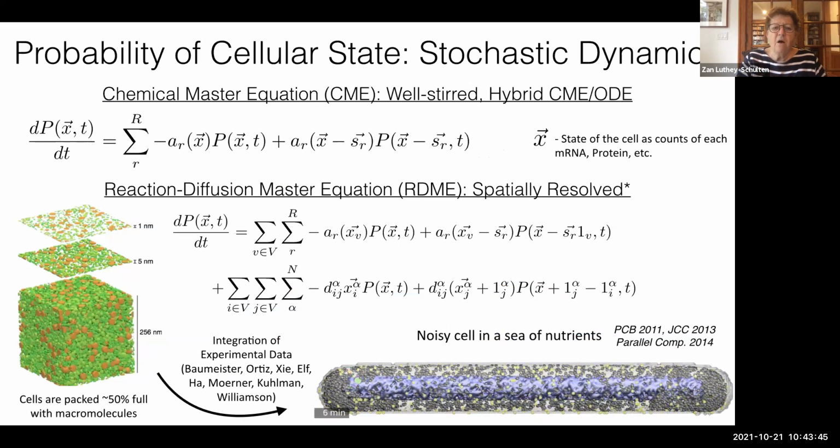All right, so now as we move over to this reaction diffusion master equation, I think it's time I really put down the equations for you. So we're talking about here the probability of the cell to be in a particular state. We're going to be looking at stochastic dynamics, at least for the genetic information processes, and maybe even some of the metabolic processes like the charging of the tRNA that involve rather small numbers.